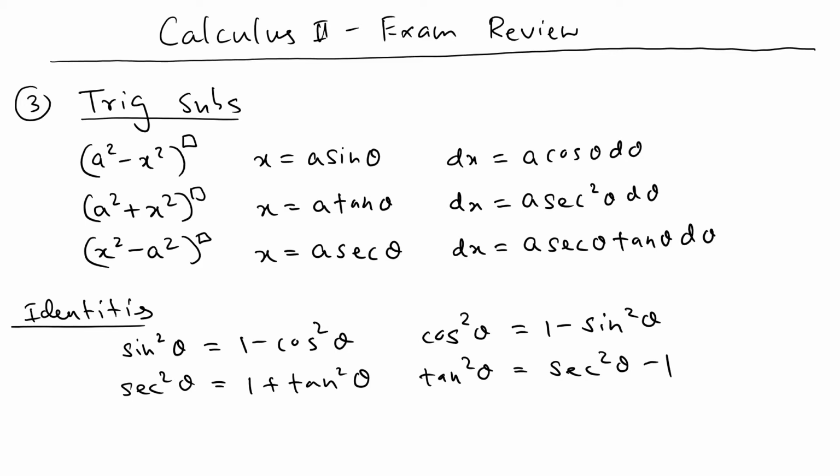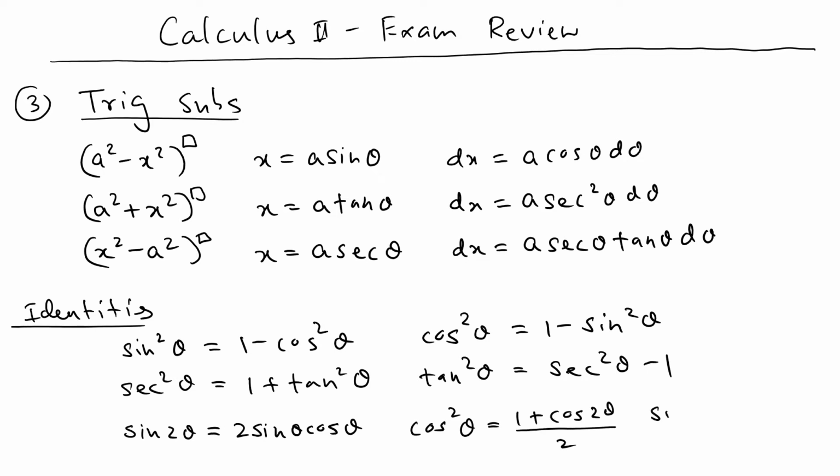Sometimes you also have to use the double angle formula. So I'm going to recall those two also. So we have sine 2 theta equal to 2 sine theta cosine theta, and also sometimes we can use cosine square theta equal 1 plus cosine 2 theta over 2, and sine square theta equal 1 minus cosine 2 theta over 2.